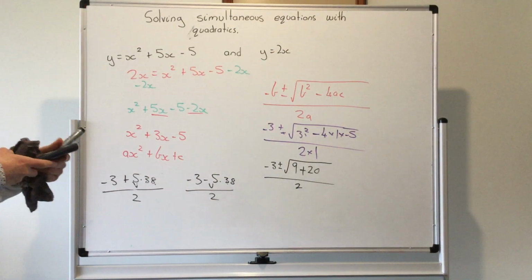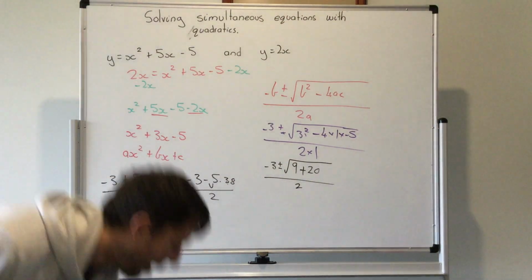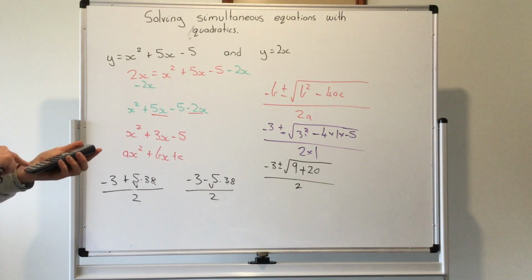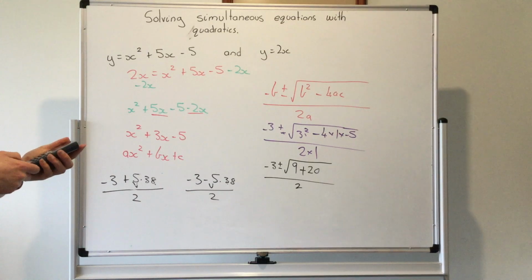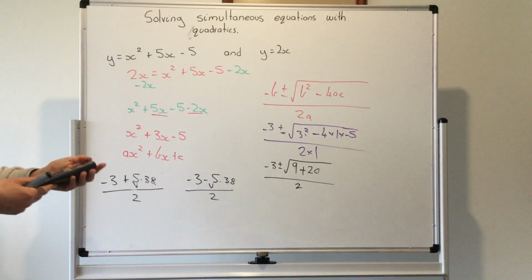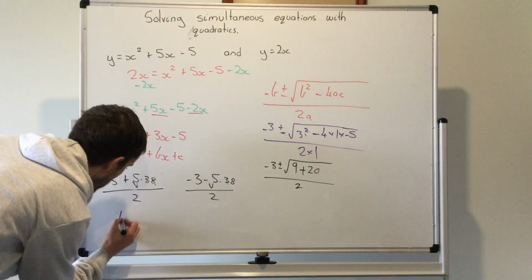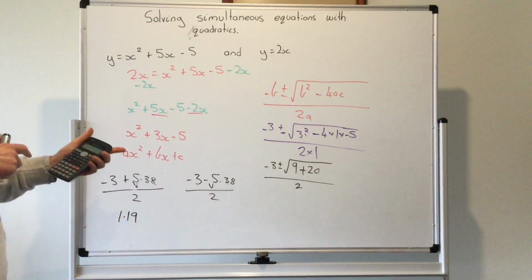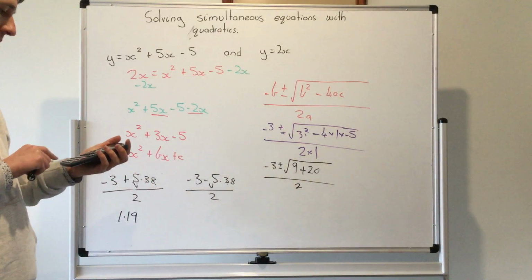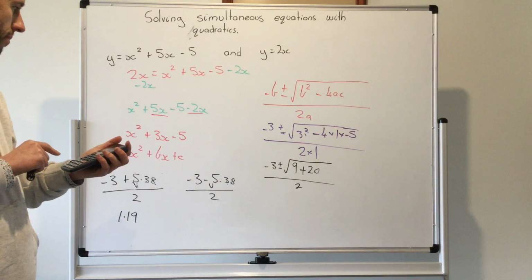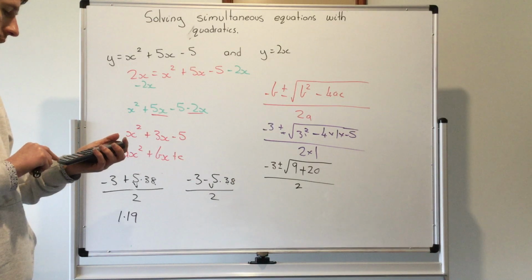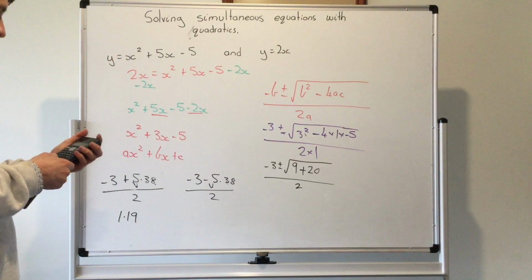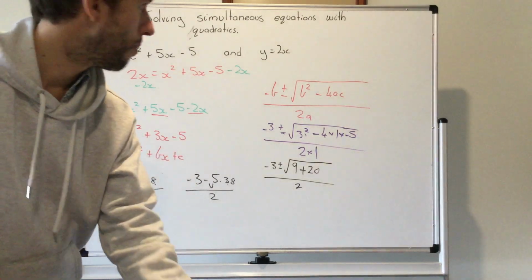So now we go, -3 plus 5.38 divided by 2 equals 1.19. And my other x value will be -3 minus 5.38 divided by 2, which is -4.4.